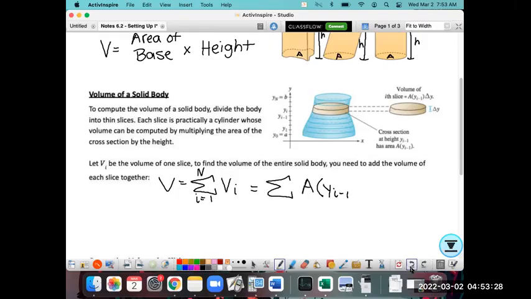Or if I'm at the top, I'd want to use y sub n minus 1. Then times its little height, which is labeled delta y. And again, it'll go from the first slice to the nth slice.